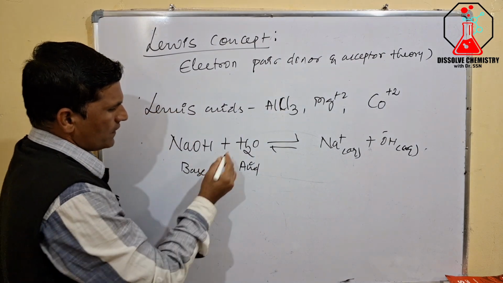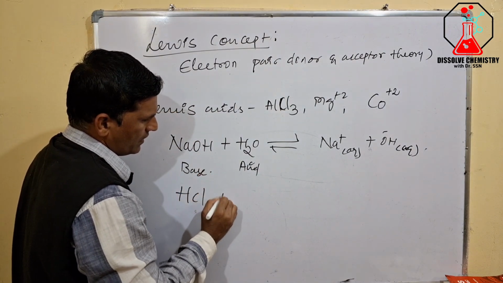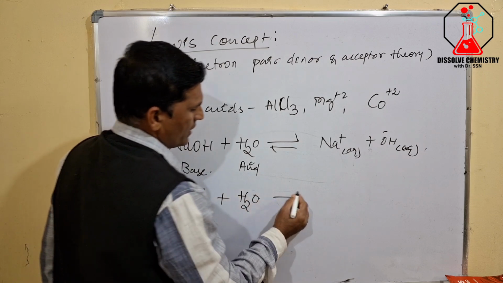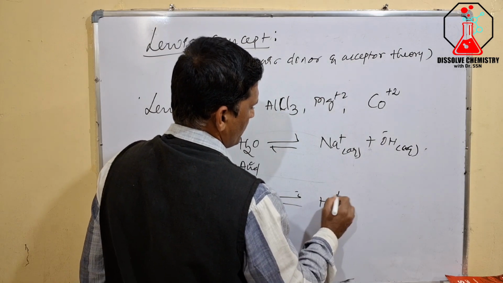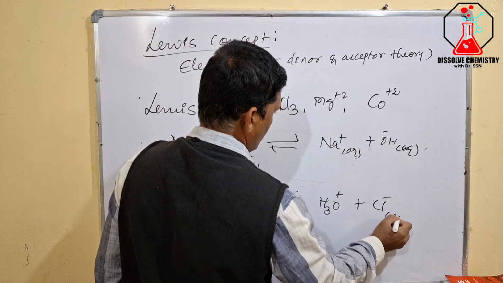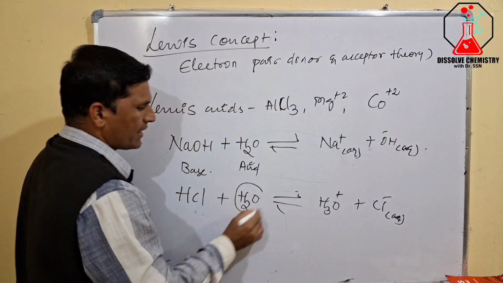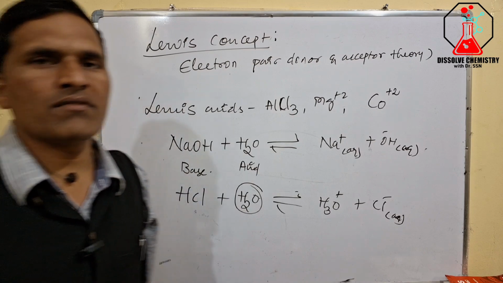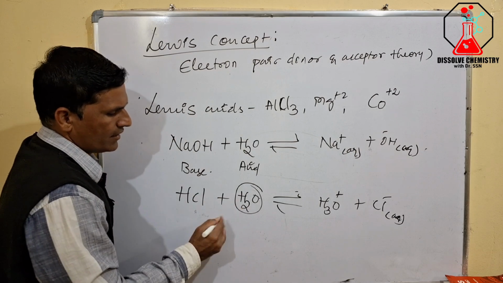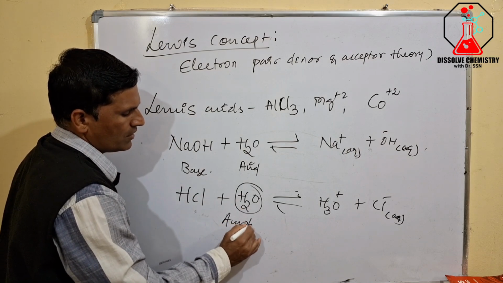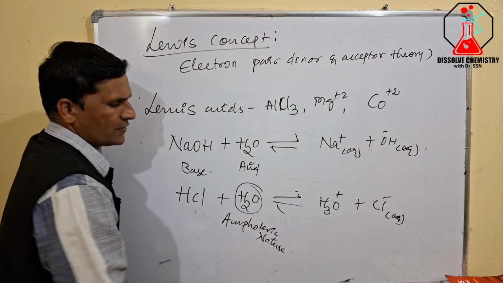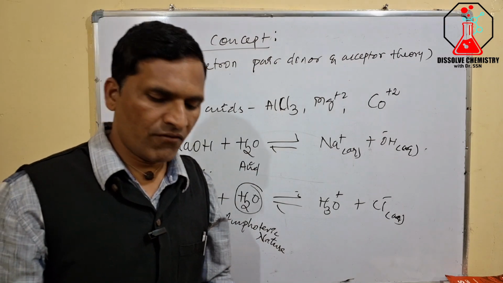And the same water, when you add HCl, acts as a base by accepting the proton, giving Cl minus aqueous. As it acts as both acid as well as base, water is called amphoteric. Water is amphoteric in nature.